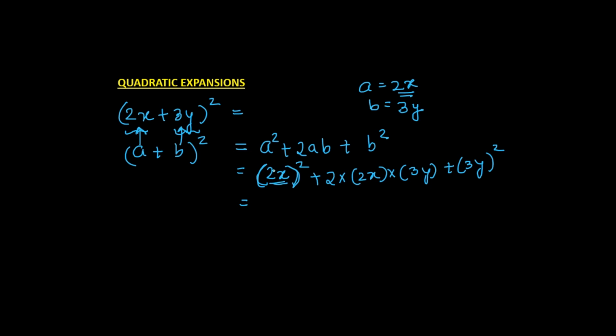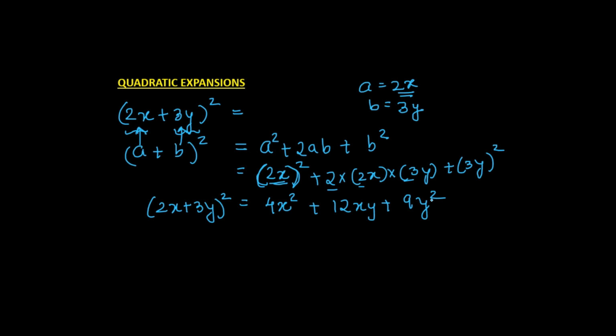This means that we have to square 2 and we have to square x also. So we get 4x square plus 2 into 2, 4, 4 into 3, 12, 12xy, 3 square is 9 and y square is y square. So the expansion of (2x plus 3y) whole square is 4x square plus 12xy plus 9y square.